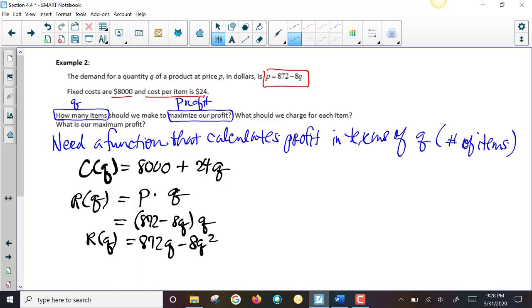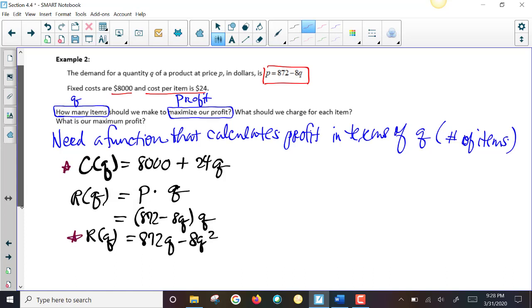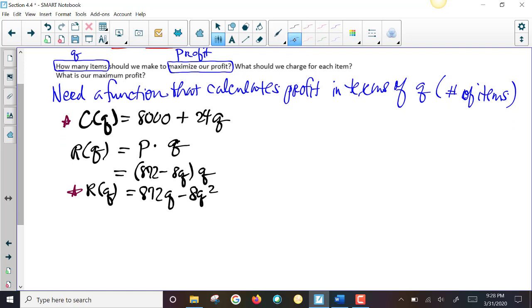Okay, so I've got cost, I've got revenue. I can now create a profit function. Notice both of them are in terms of Q.